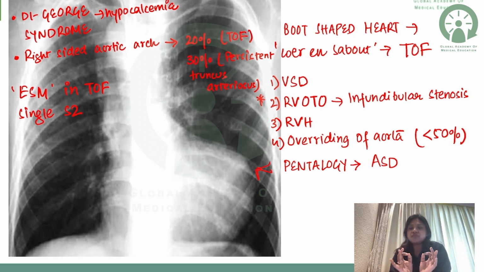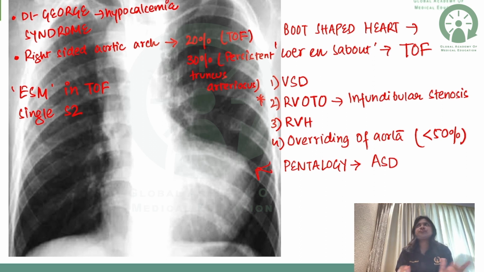So when the flow of the water of the river is obstructed, there is no flow, there is no murmur. So remember, the murmur intensity is directly proportional to the turbulence, but in severe obstruction a paradoxical response occurs in case of TOF where you may not hear any murmur.